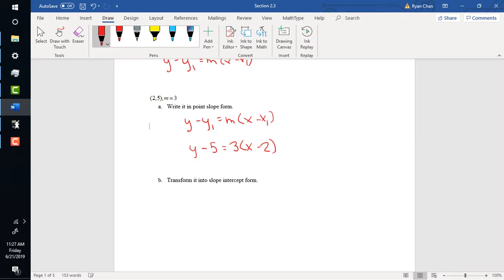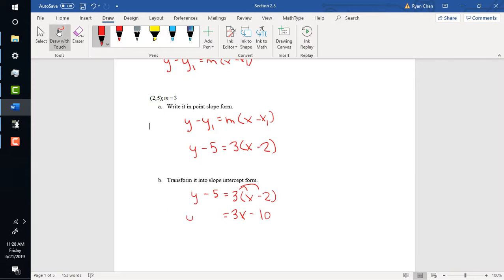And then, if I want to write it in slope-intercept form, I'm going to distribute like this. Sorry, that is not 6, that is 10. Oh wait, that is 6.